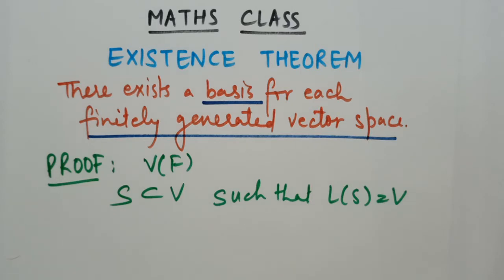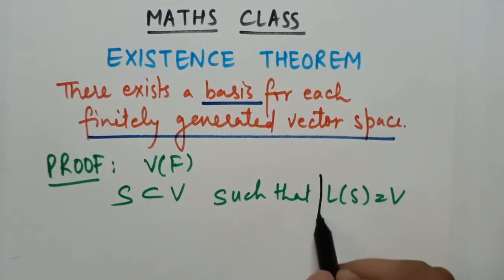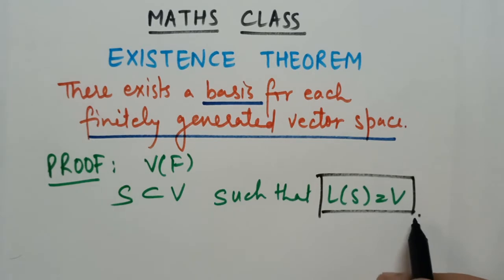So now, if we have to check whether S is a basis of the given vector space, then we have to satisfy the two conditions which we learned about in the definition of basis. These were that S should be a linearly independent set, and the second condition, the linear span of S should be equal to V, which is true in this case, as we can see.